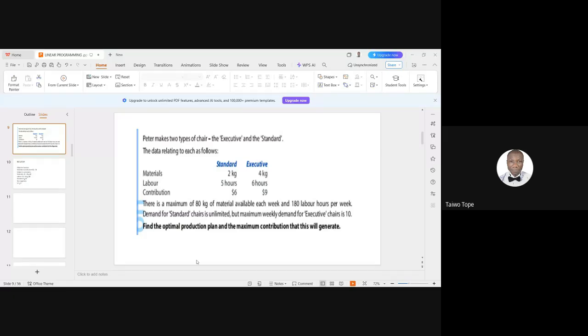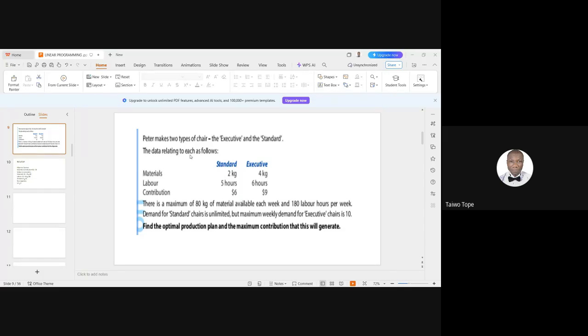Yes, the question is saying that find the optimal production plan and the maximum contribution.